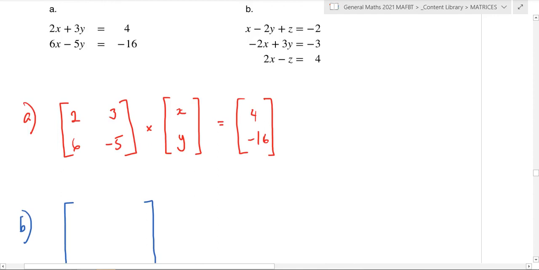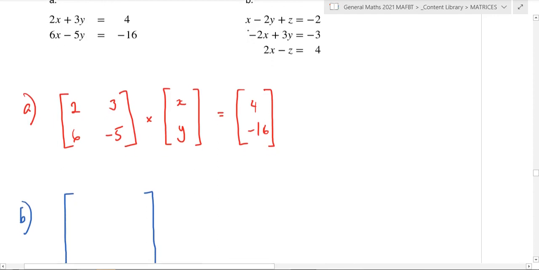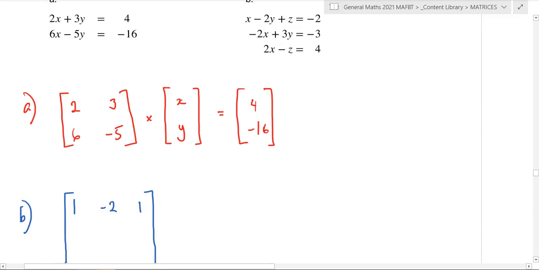But remember, in front of every letter that's by itself, there is the number 1. So if you ever see a letter by itself, just imagine that there's a 1 in front of it. Make sure if there's any operators, like a negative, it's a -1. But in this case, there's nothing, so that's a +1. For y, I can see there's -2. And for z, again, it's just by itself, so there must be a +1 there.